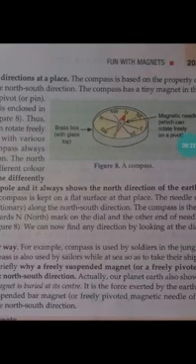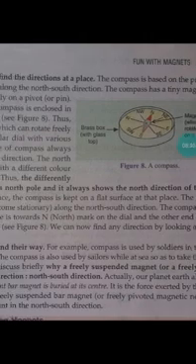It looks like this. A compass has a brass box, the box is made up of brass, and it has a glass top over it, and the magnetic needle can rotate freely on a pivot. Got it?